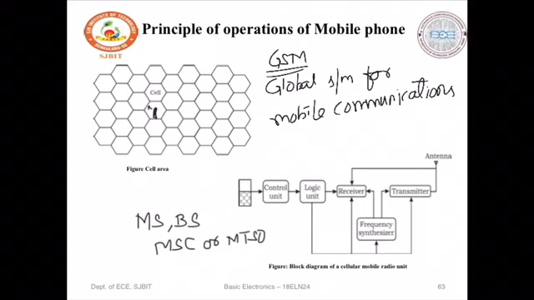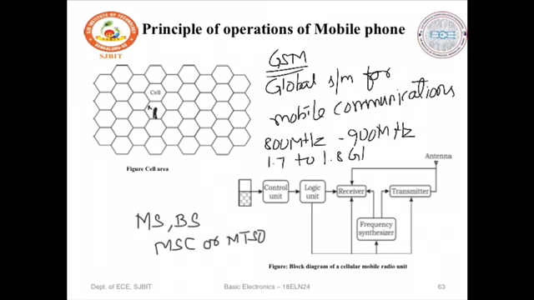This is the full form of GSM. The cellular system operates in the frequency range of 800 megahertz to 900 megahertz, and some systems even operate in the 1.7 to 1.8 gigahertz bands.